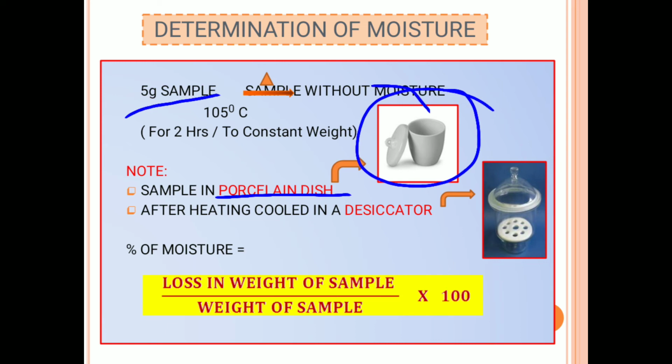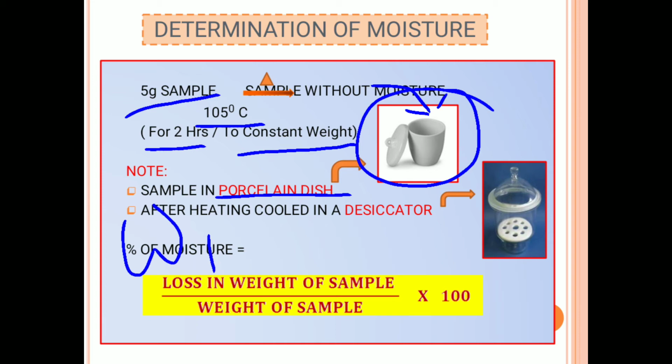Just take 5 gram of iron ore sample into it, then weigh the dish weight including the sample, let it be W1. After that, you need to heat the sample along with this porcelain dish at 105 degrees Celsius for 2 hours or to a constant weight.